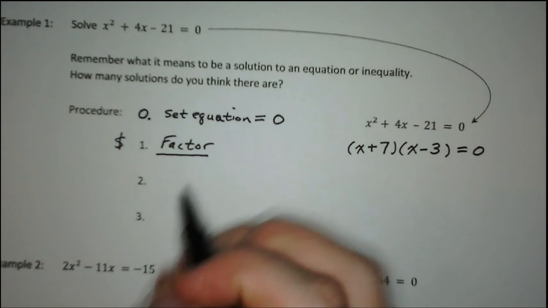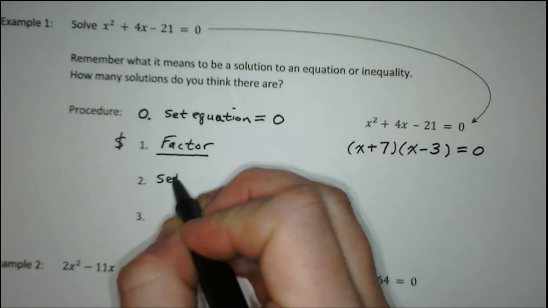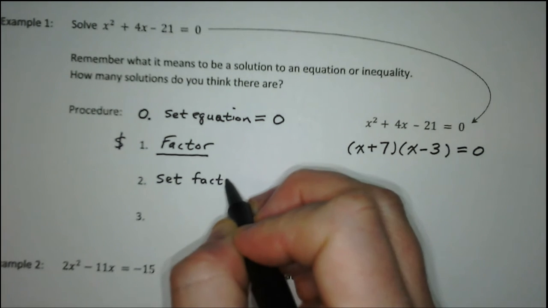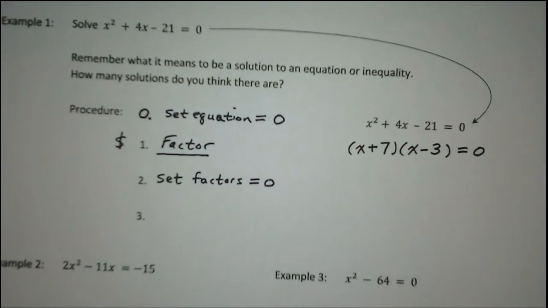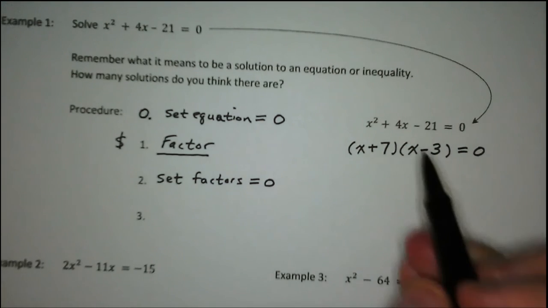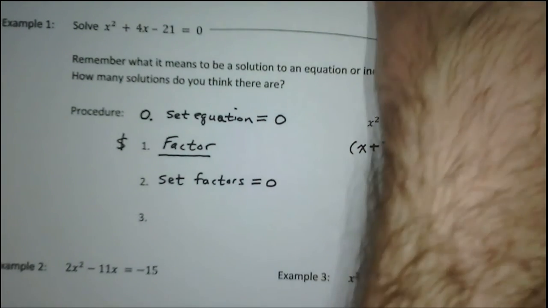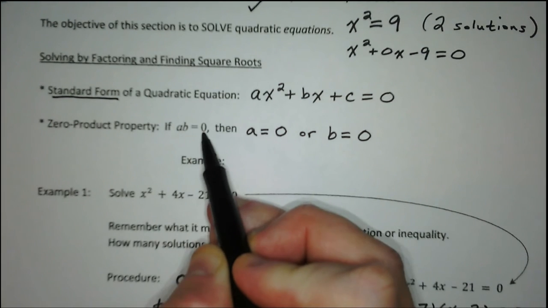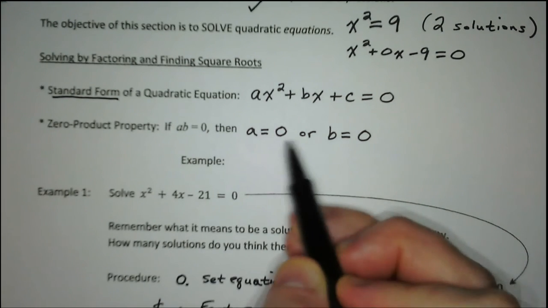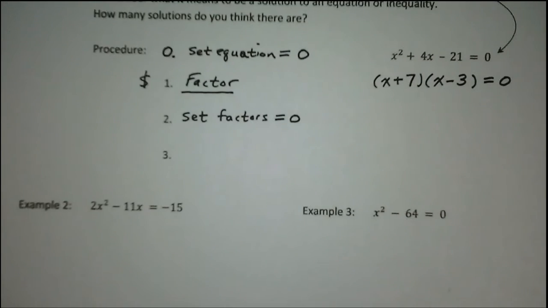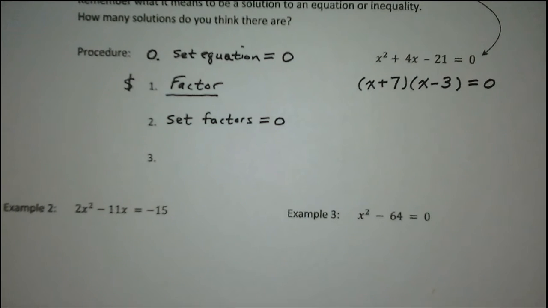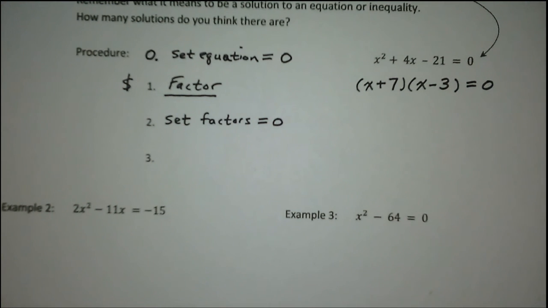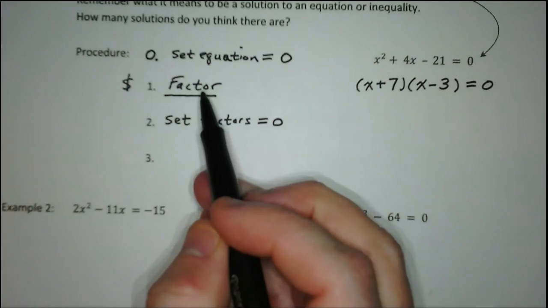Now, the next step is to set the factors equal to 0. Because check this out. Remember the zero product property? If something times something else equals 0, one of the two somethings needs to equal 0. This factoring strategy is starting to make sense. That's why we set equal to 0, and why we follow that up with factoring.